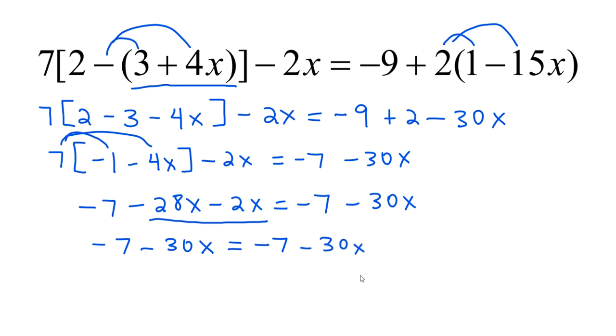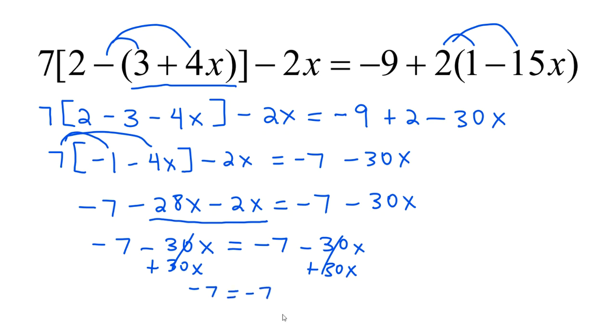Okay, now I want to get my x's together, so I'm going to add 30x to both sides of the equation. And when I do that, my x's cancel out, and I'm left with negative 7 equals negative 7.